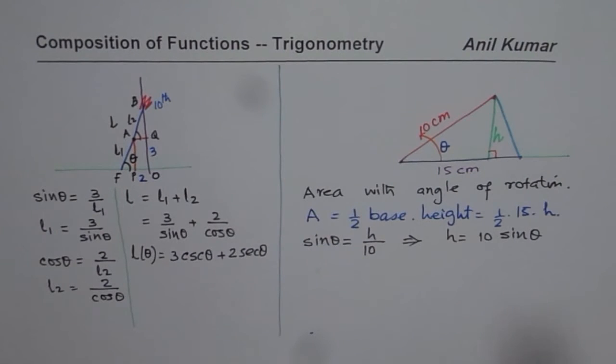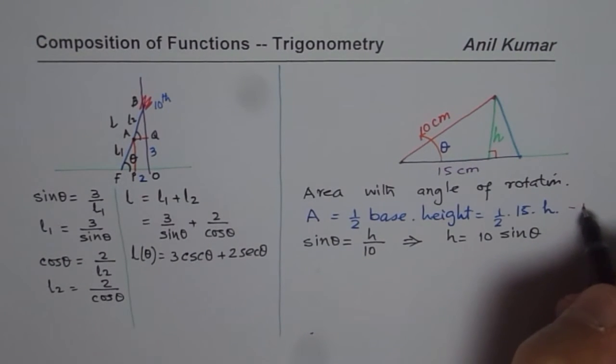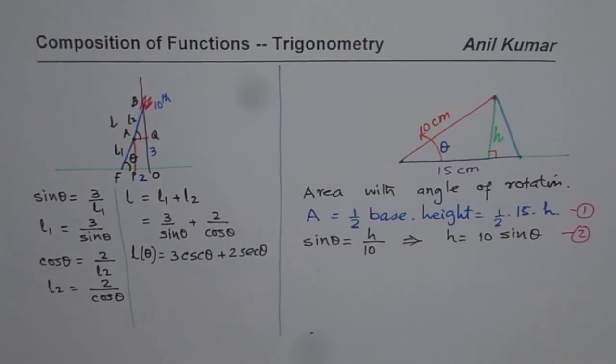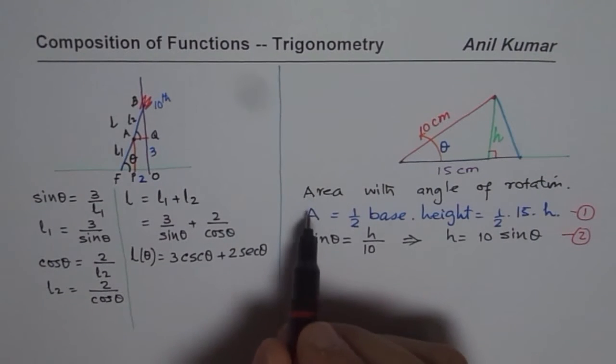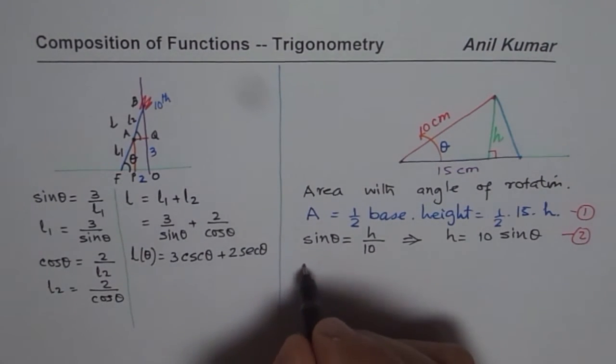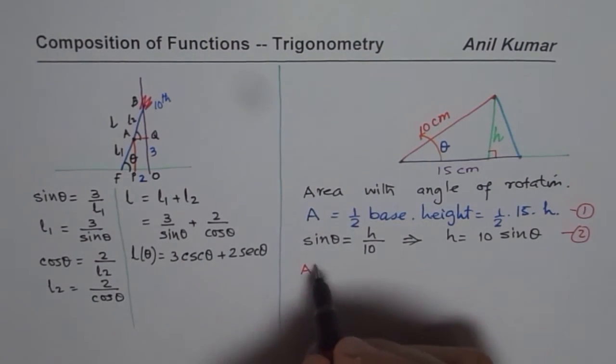Now combining the two equations which we have: one, the area is equal to half base into height, and two, what height equals in terms of theta, right? So we're talking about composite functions, right? Equation number 1 for us is what? Let me write the area A as a function of height.